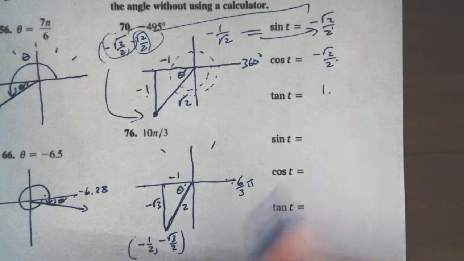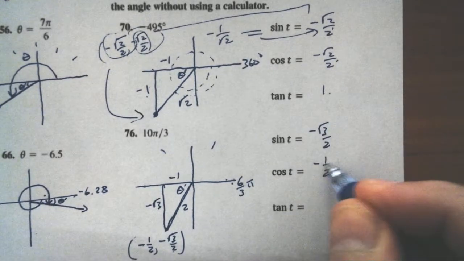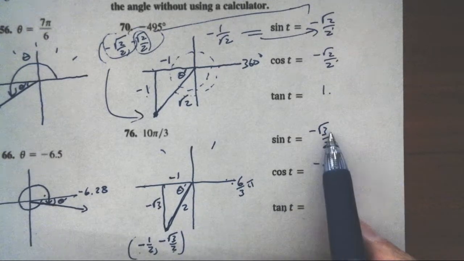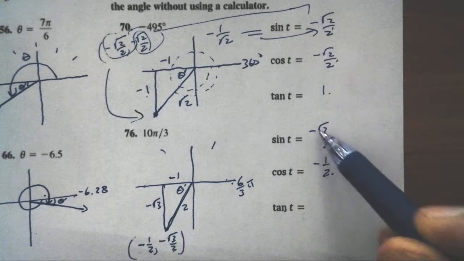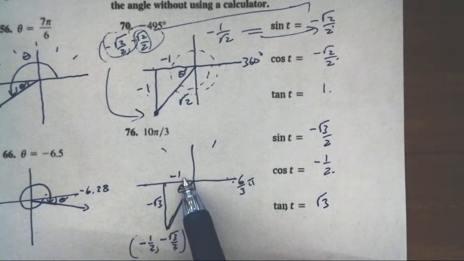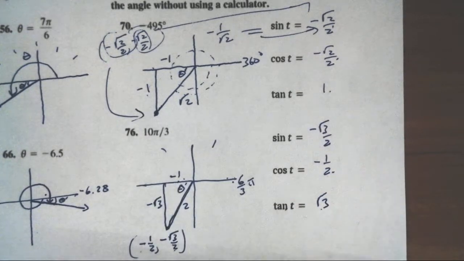But sine works really well from here, negative square root of 3 on 2, cosine, negative 1/2, and tangent is either this on this, or this on this. The 2's cancel, the negatives cancel, I just get square root of 3, or it's y on x from here, negative square root of 3 on negative 1, square root of 3.